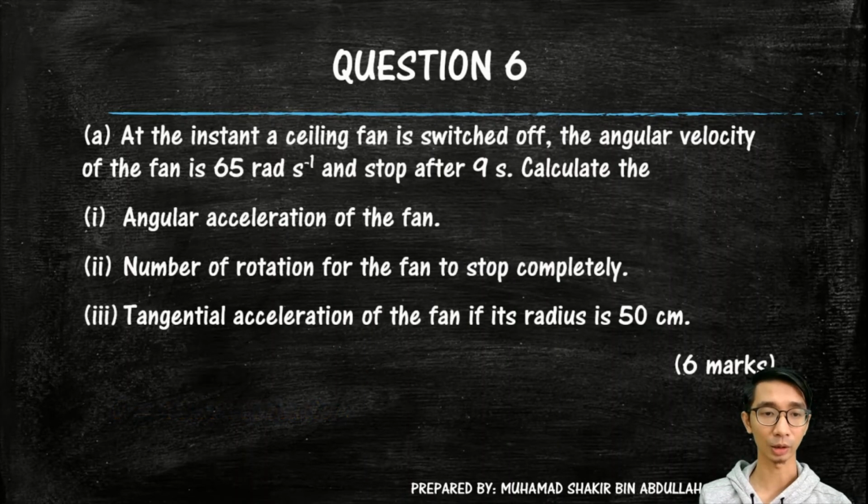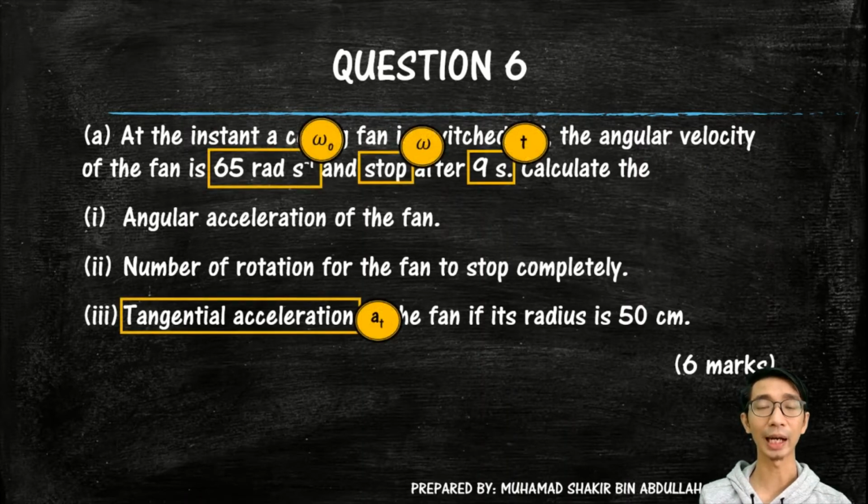Next question: the tangential acceleration of the fan if its radius is 50 centimeter. Please take note, we learned about circular motion before this, and in circular motion we learned about centripetal acceleration.